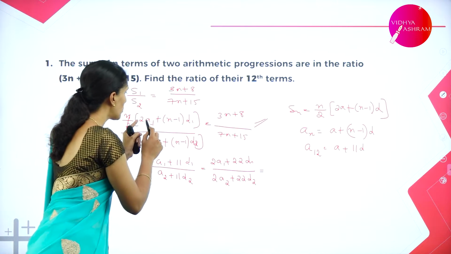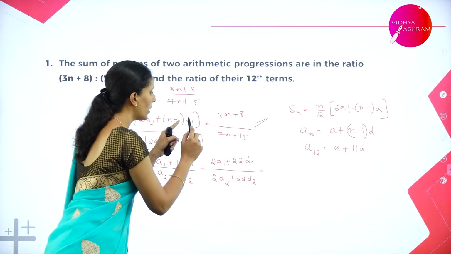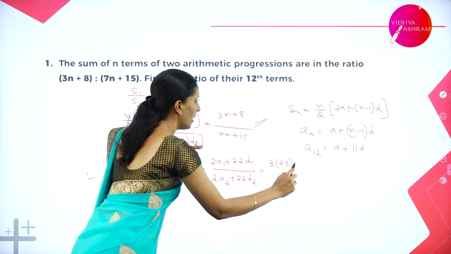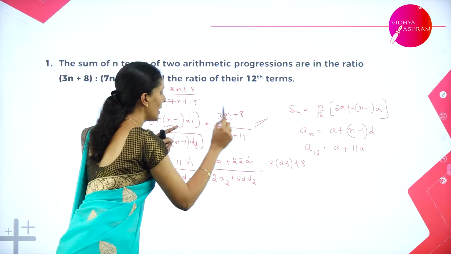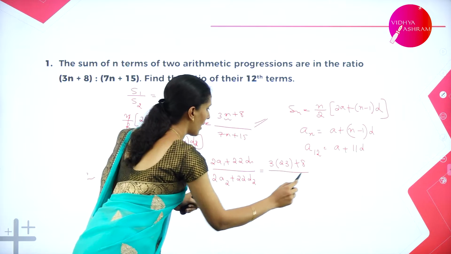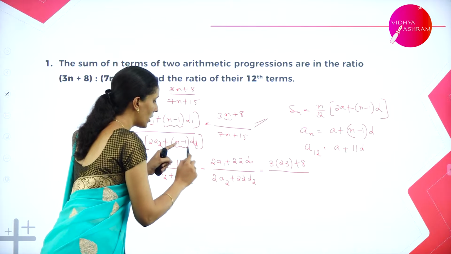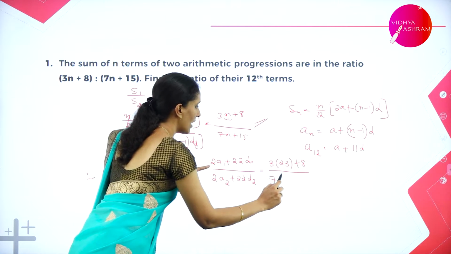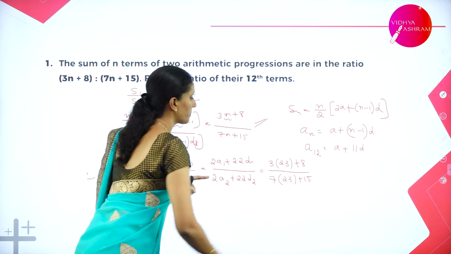I can write 2a1 plus n minus 1 into d1, meaning 22 d1, as 3 into 23 plus 8, because if this is n minus 1, this must be n. Similarly, here if this is 2a2 plus n minus 1 d2, with n minus 1 as 22, it can be written as 7 into 23 plus 15.